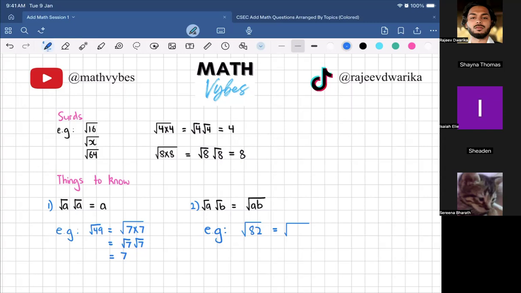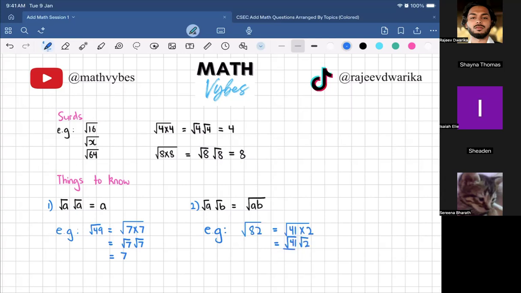So I'll give you an example. 41 by what? What would I have to multiply 41 by to get back 82? 2. So, Shina, can you see that I wrote 82 as a product of two numbers, 41 and 2? Yes. So what that means is I could break it up into a product of two smaller surds. So I could write that as the square root of 41 by the square root of 2.